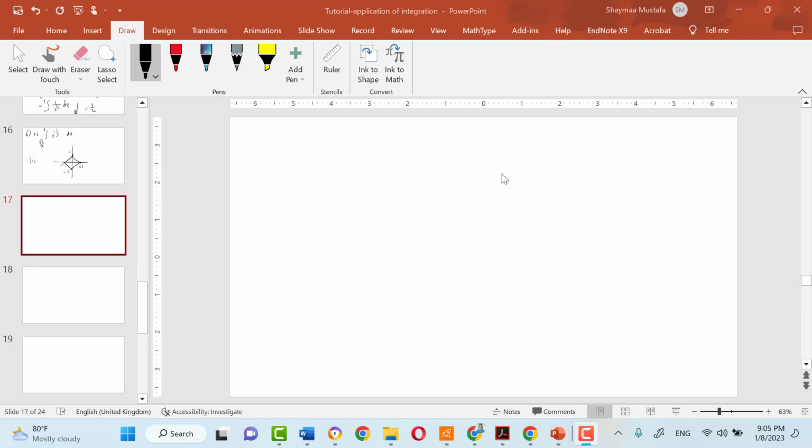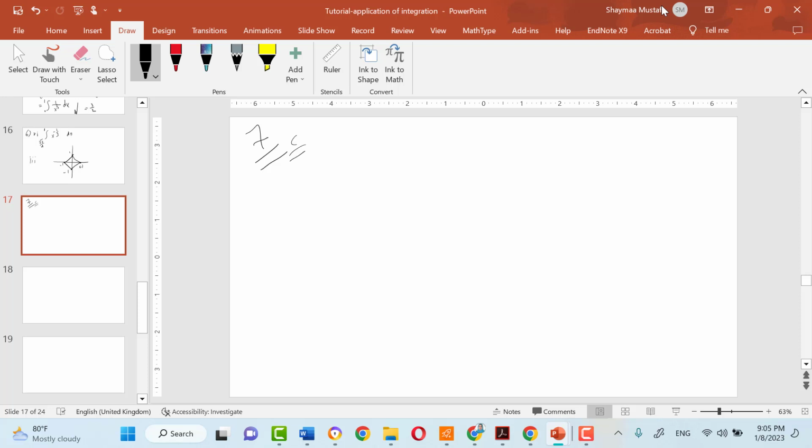Okay, so now question number 7, for the same tutorial. Question number 7C. Here you need to find the arc length for this parametric equation.